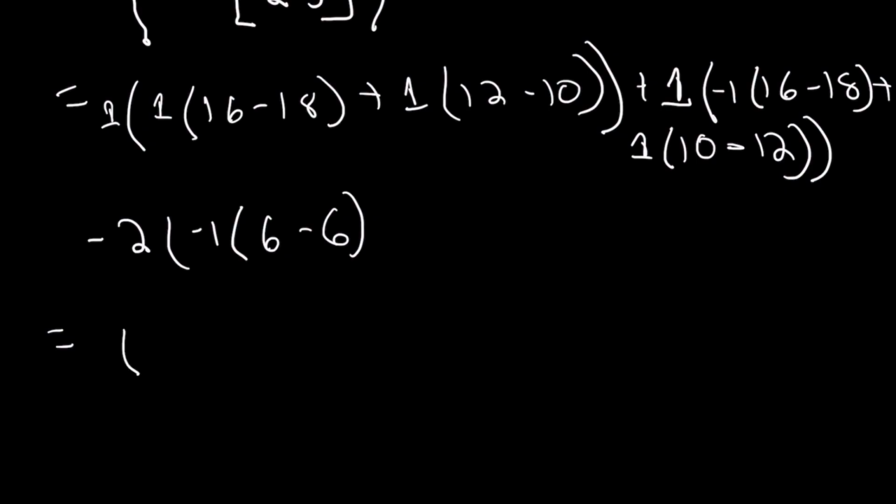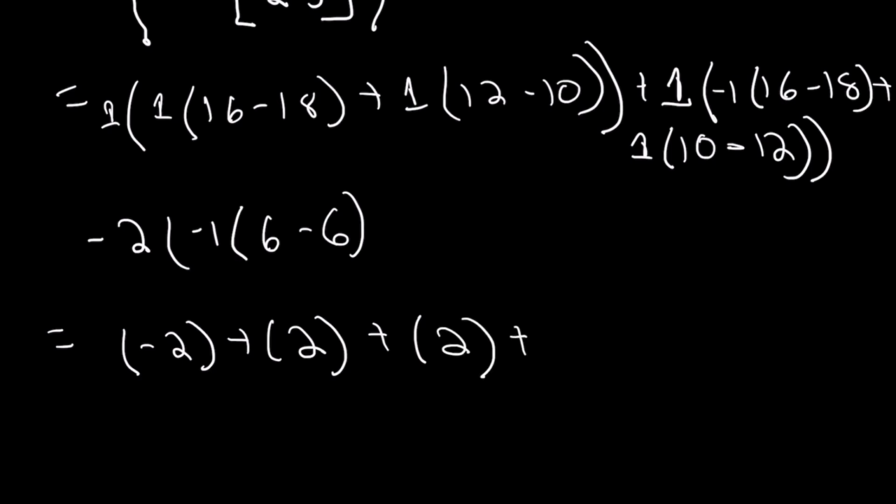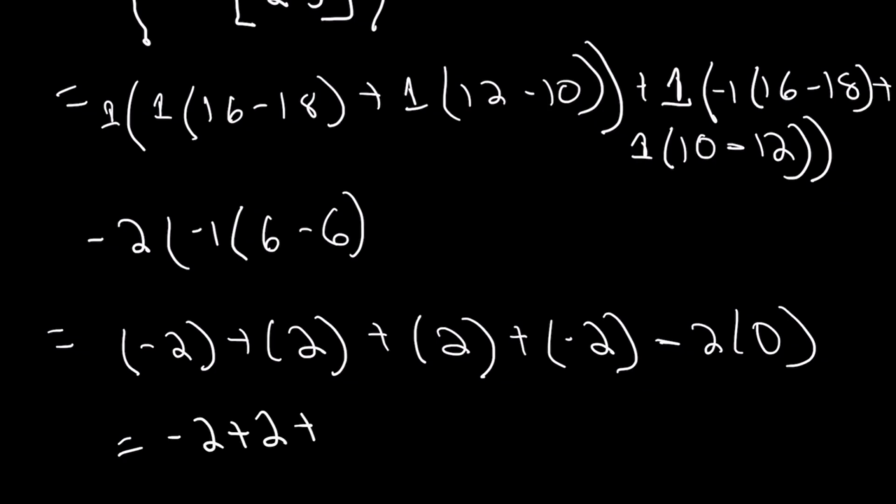But anyways, that's going to finalize into negative 2 plus 2 plus 2 minus 2 plus 0, which is going to equal 0.